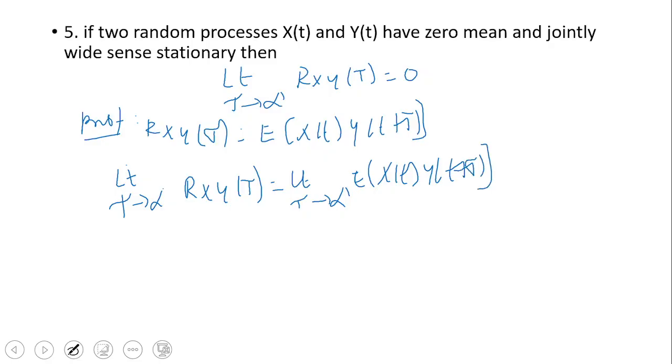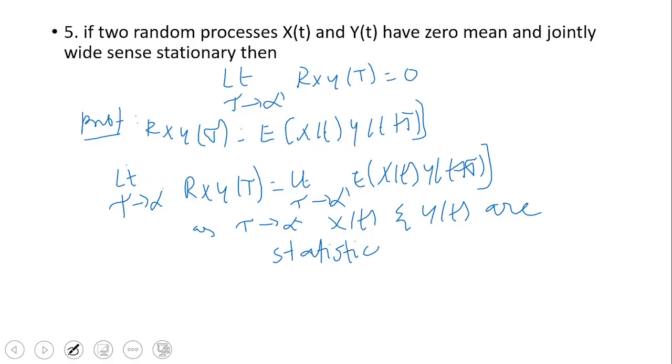As tau tends to infinity, the random processes x of t and y of t are statistically independent. That is the rule. So if they are statistically independent, what can I write?